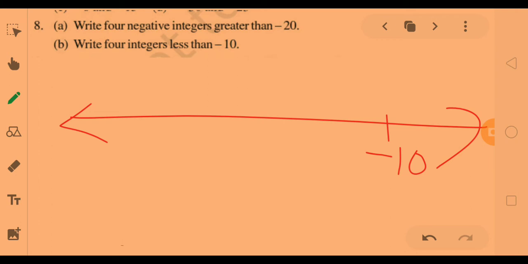We know that integers occurring to the left side are smaller than the previous integer. So -11 is there, after that -12, then -13, -14. All these integers are occurring to the left side, so all these integers will be less than -10.